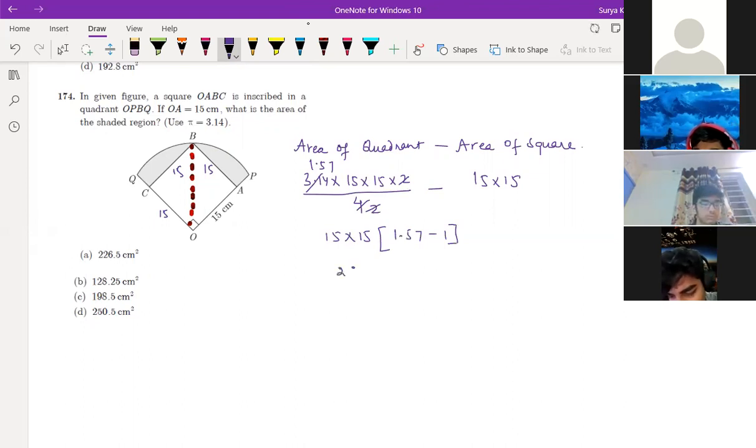So 15 15s are 225 into 0.57. Sir, the answer is B, 128.25. Yes. So you just multiply, children, and get the answer: 128.25 centimeter square.